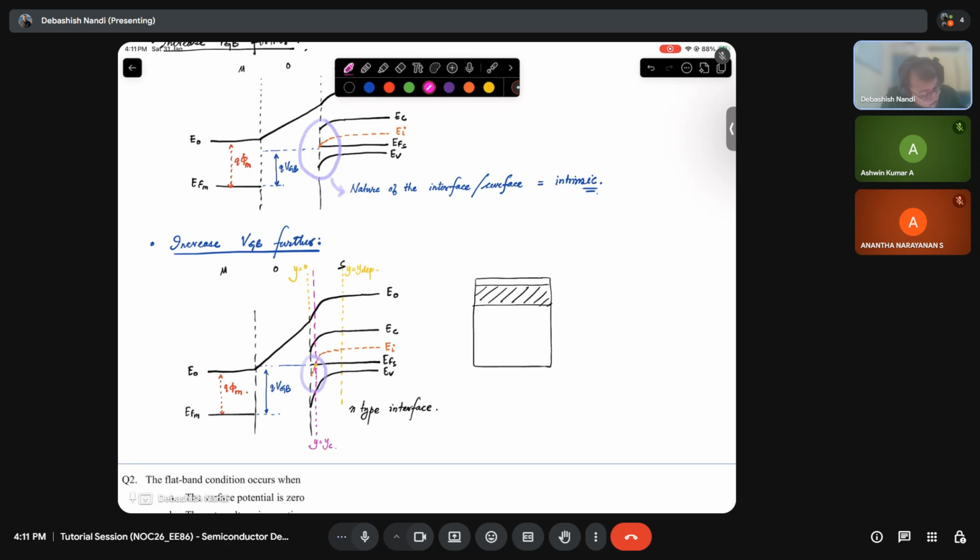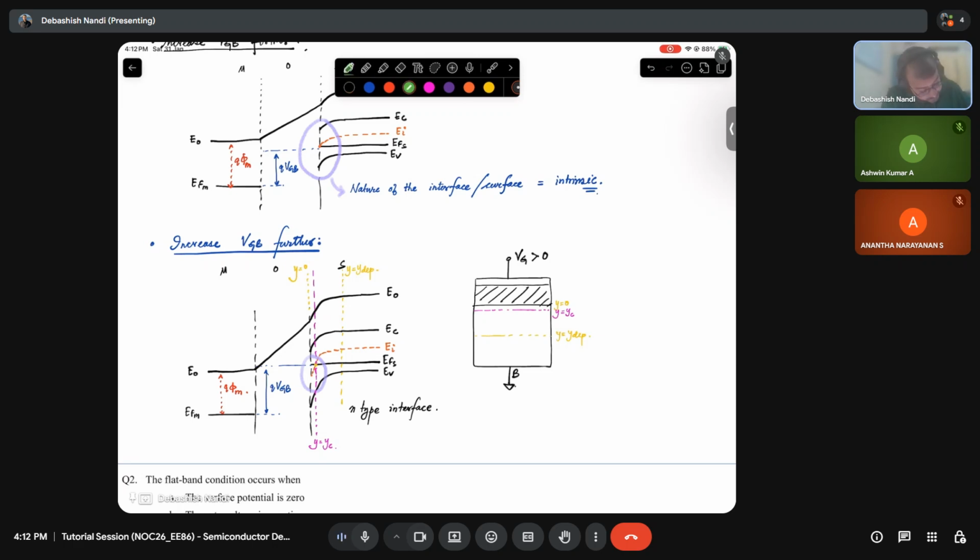Fine. So in the device also we need to point out this is y equal to 0. Let's say this is y equal to y dep, and let's say somewhere here I have y equal to YC. Fine. So what I have done, I have applied VG greater than 0, putting VB to ground.